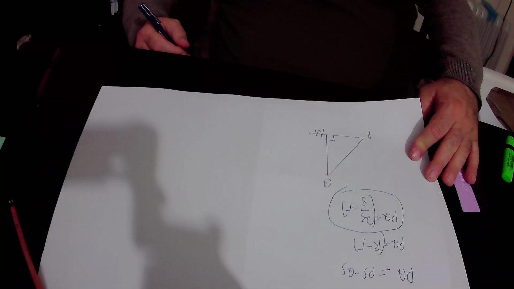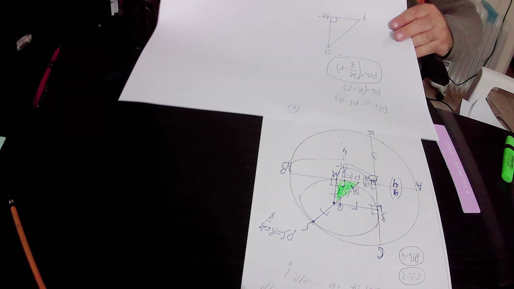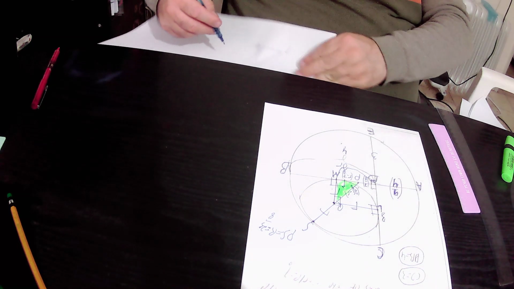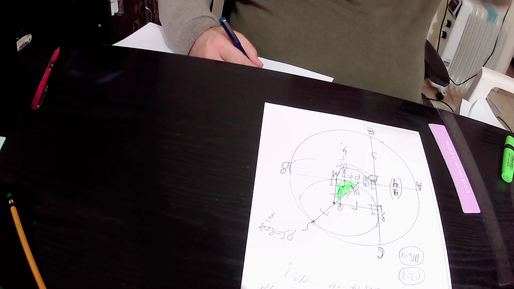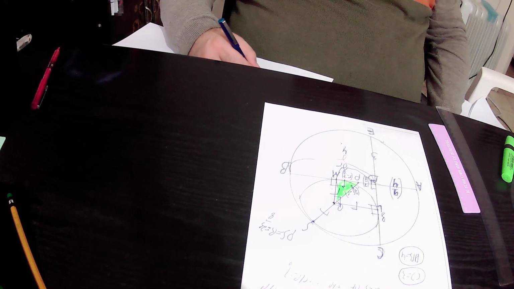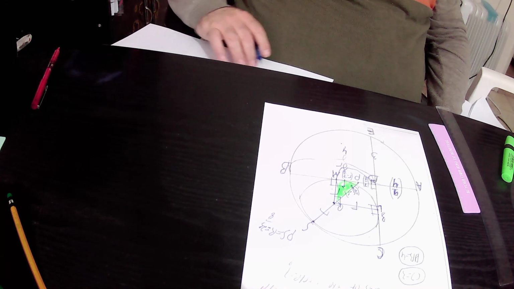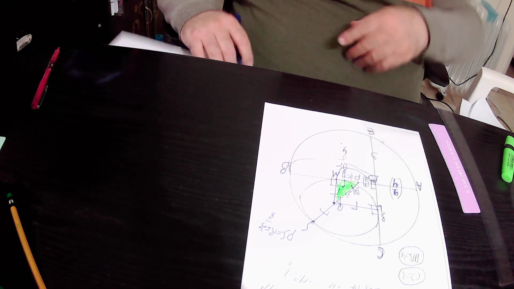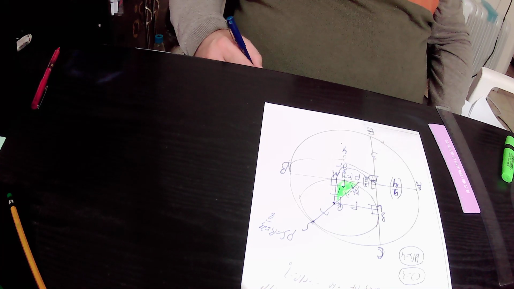So this is the right triangle QPM that I copied from the original drawing. We have already found out that the hypotenuse PQ equals 25 over 8 minus small r. We have already found out that side PM equals r minus 7/8.